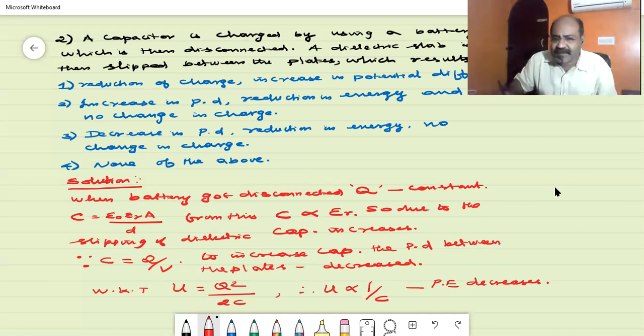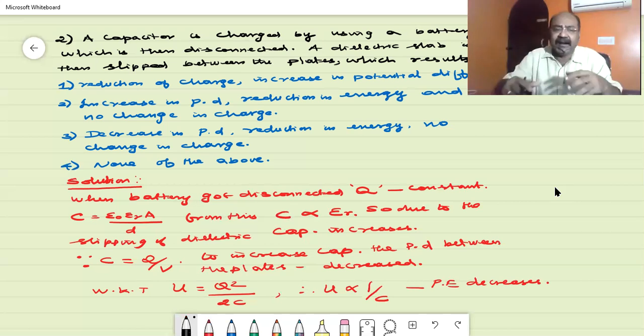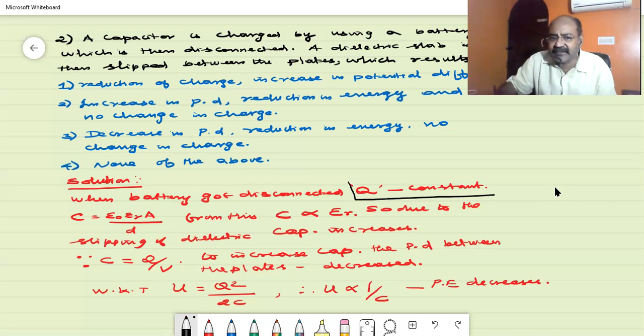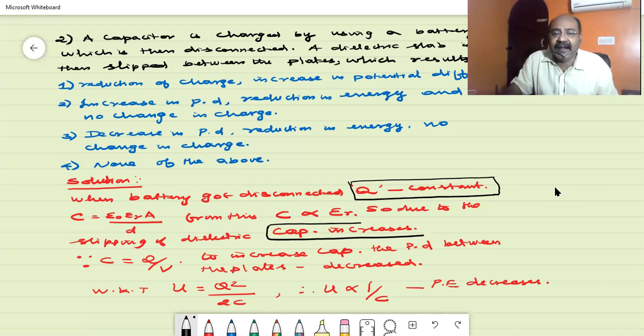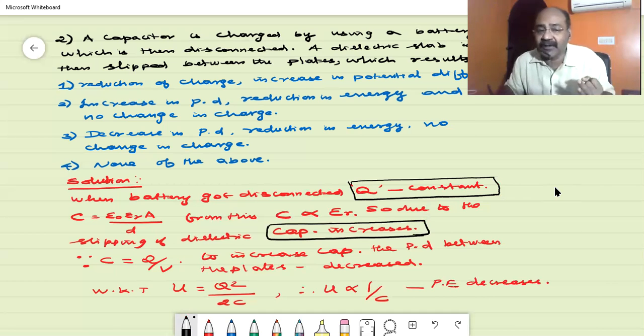What are the concepts that you have obtained by discussion? See, when the battery got disconnected, the first concept that I have got is the charge Q is taken to be constant. When I am introducing a dielectric in between the plates of the capacitor, then I got that the capacitance of the capacitor increases. This is the second result that I got.